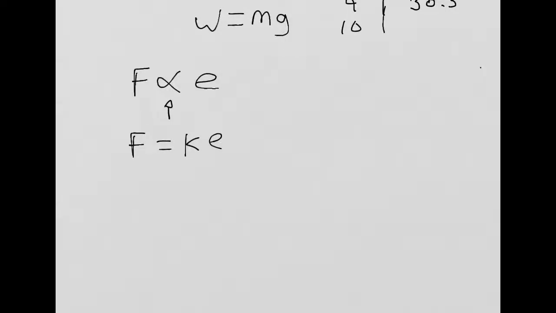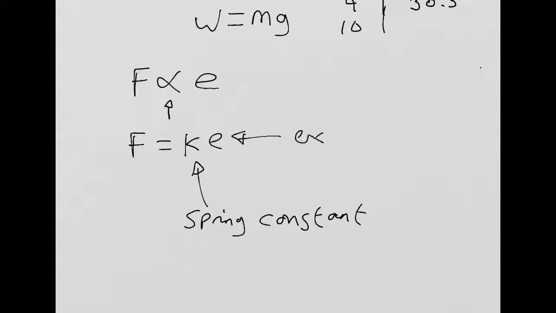Force is equal to k times E, where k is the spring constant. E, we've already discussed, is extension. And F, of course, is force. So spring constant times extension.